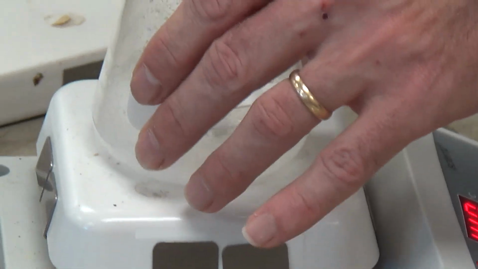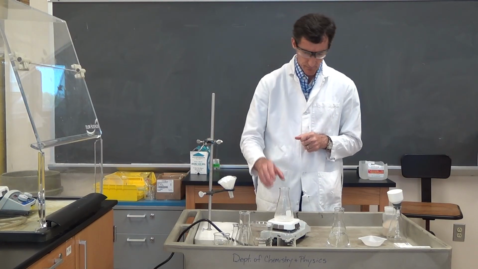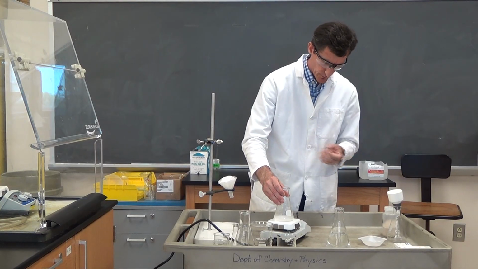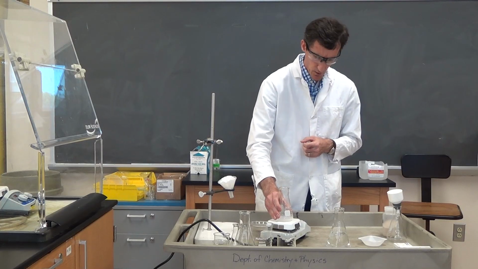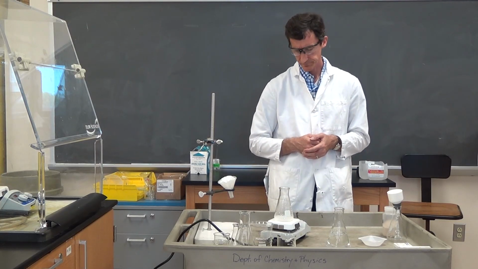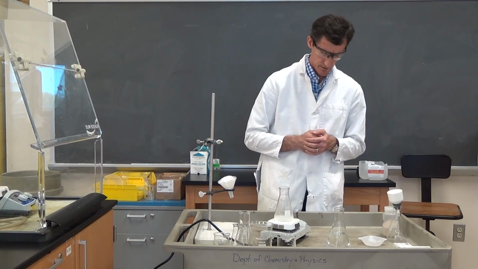So when we bring this up to heating, either the compound will dissolve, meaning we have enough water there to do what we want to do, or the compound will not dissolve. If the compound does not dissolve, then we need more water.